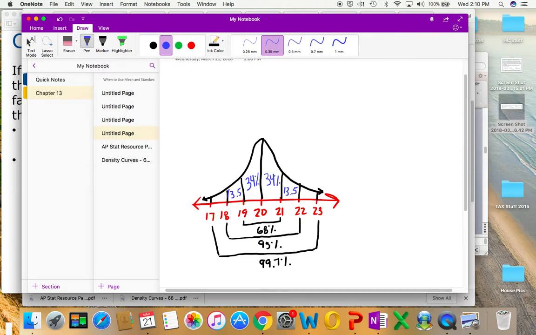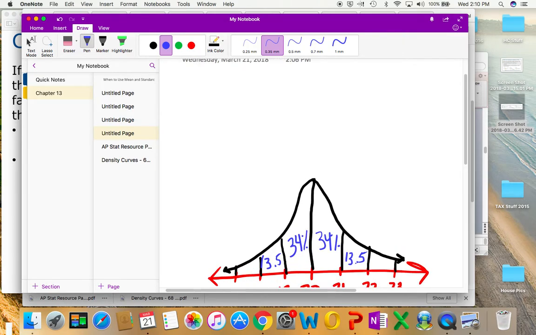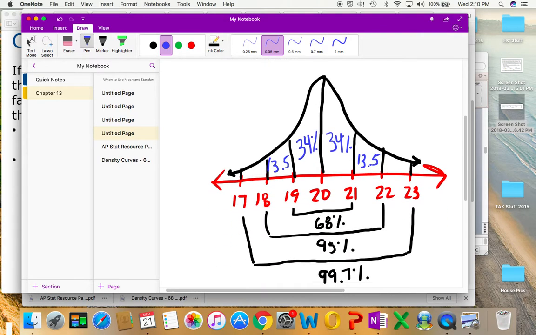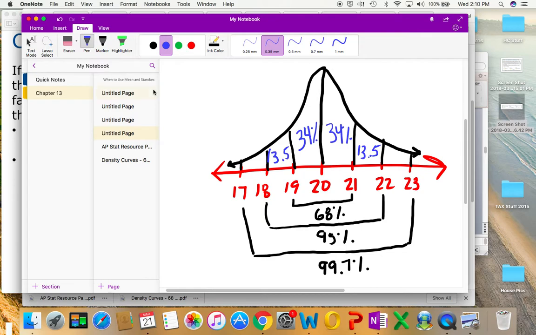Let me just zoom in to make this a little bit neater and clearer. So 13.5, 34, 34, and 13.5.